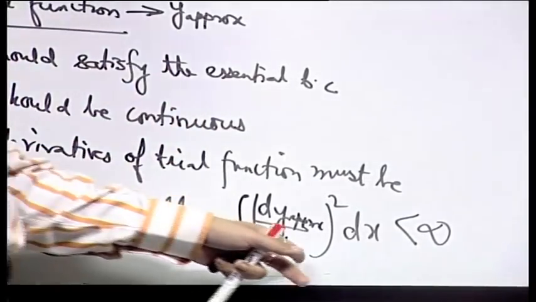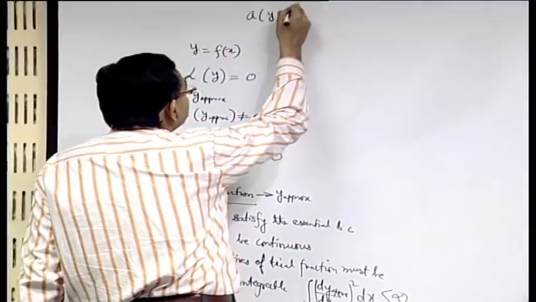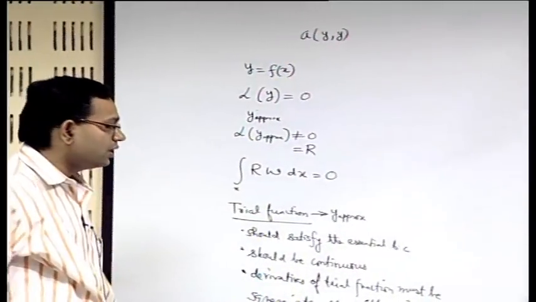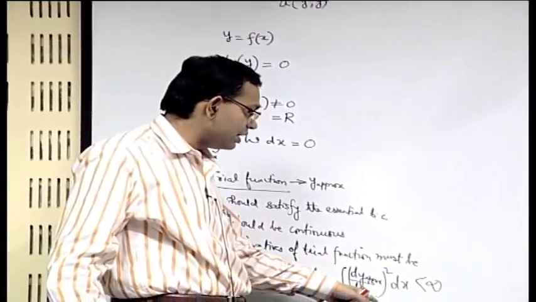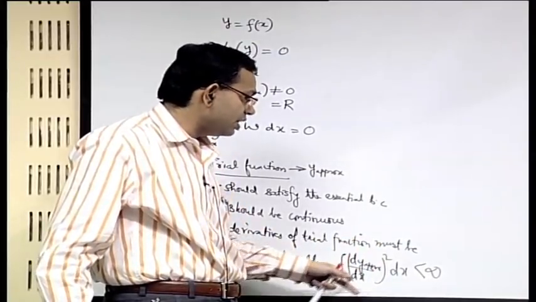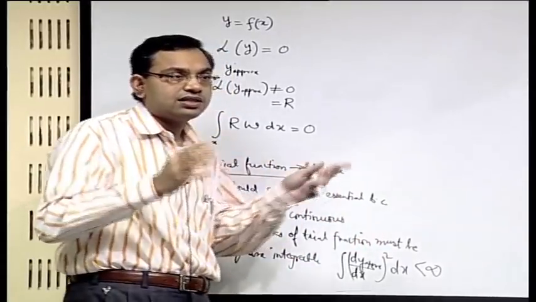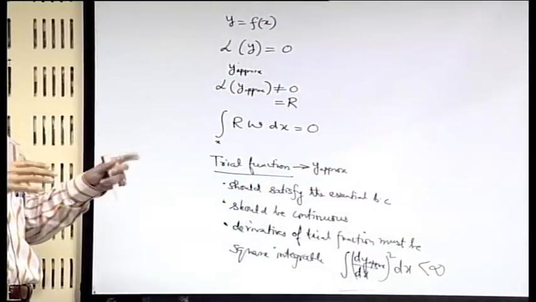Why is this type of thing necessary? Because if you have, say, a bilinear operator a(y, y), then often the bilinear operator can take the form of the square, and if it is integrated, its integral should be less than infinity, so that such functions are bounded.